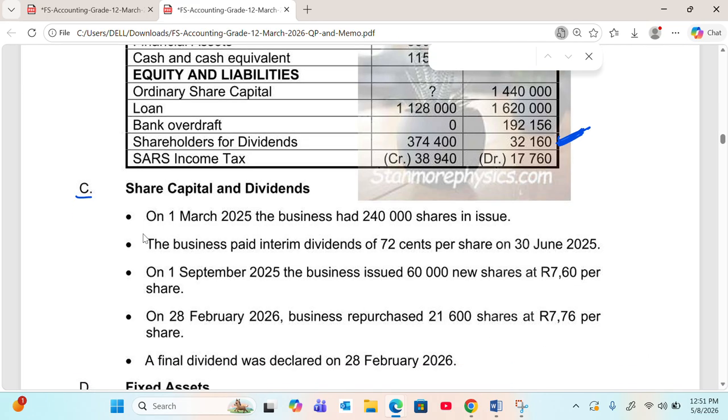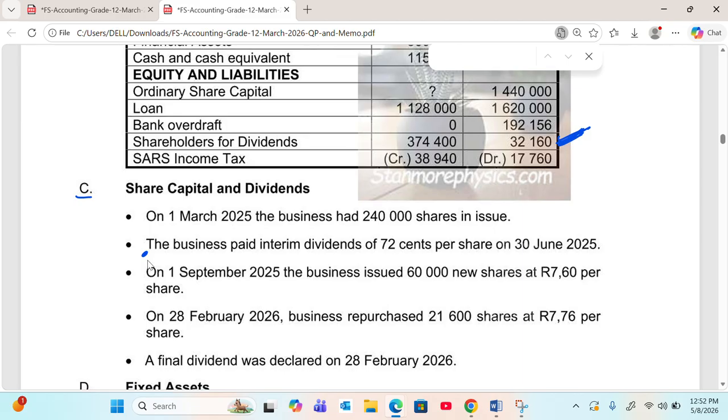So as you can see, on 1st March 2025, the business had 240 shares in issue. And then what happened? The business paid interim dividends of 72 cents per share on the 30th of June.